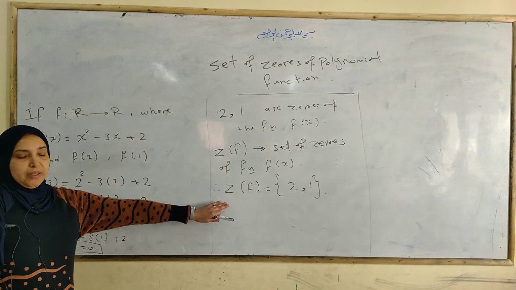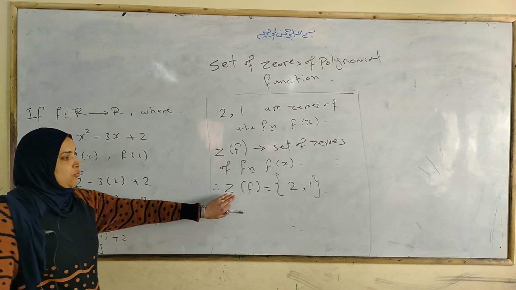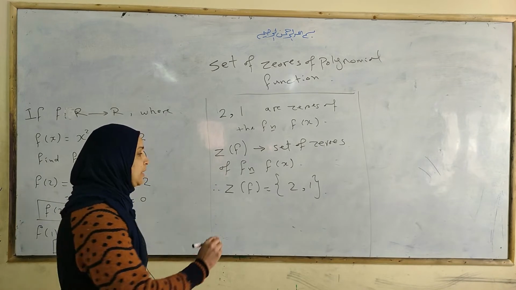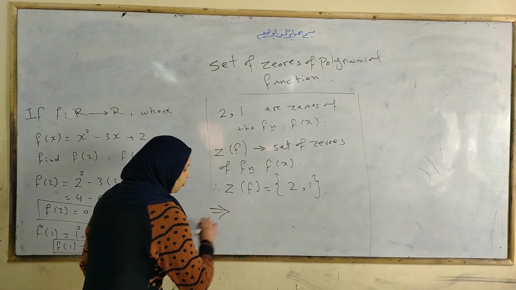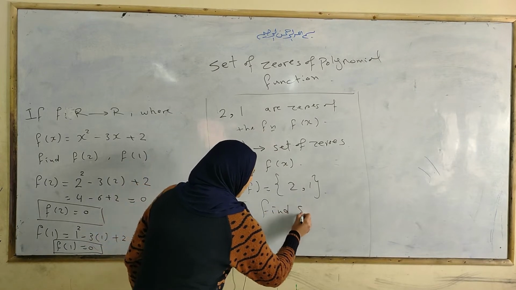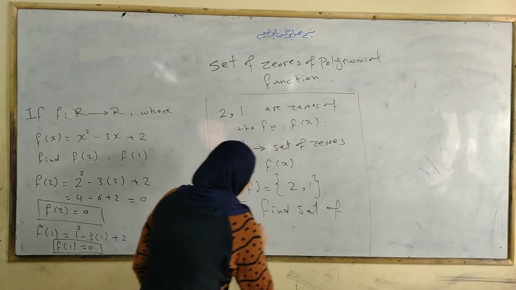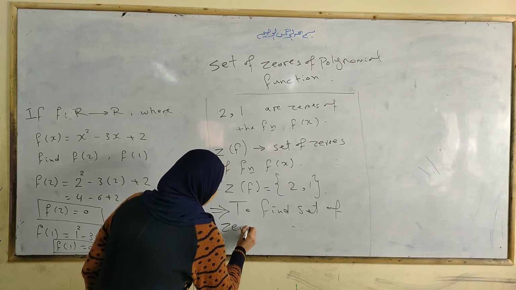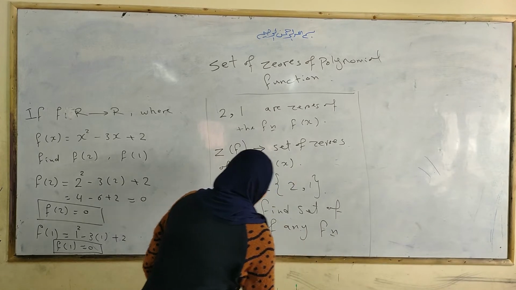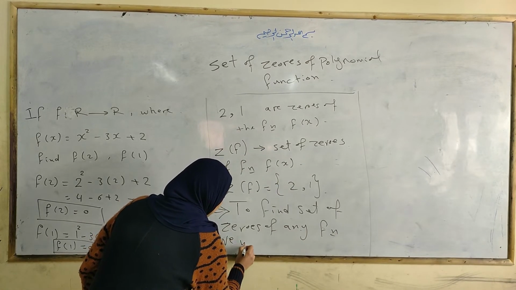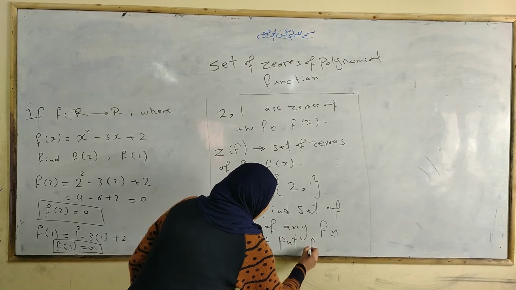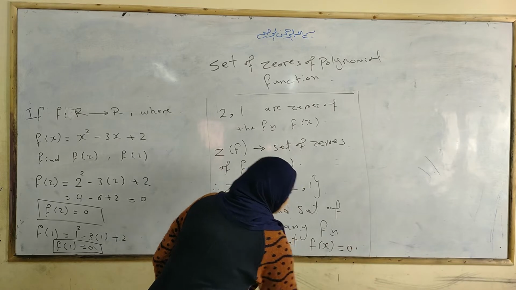If we want to find the set of zeros of any function, we must put the function equals 0. So we deduce that to find the set of zeros of any function, we must put f of x equals 0.